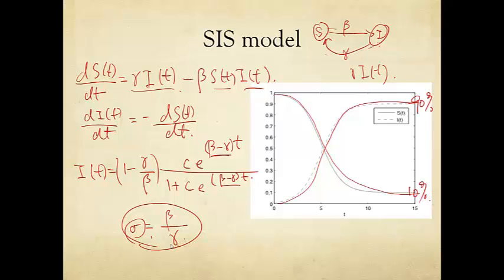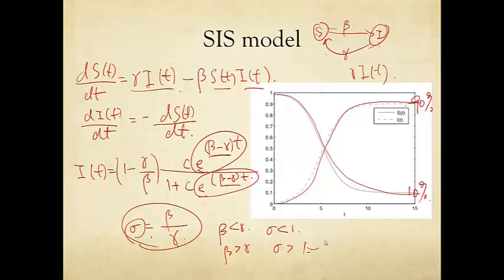But if you look at this model, you see that if beta is less than gamma, or if the sigma is less than 1, then the infected population will actually go down exponentially, right? Because this exponential will be a negative exponential. Whereas on the other hand, if beta is bigger than gamma, in other words, the sigma is bigger than 1, then we see that the infected curve will go up, but it won't go up to 100% necessarily.